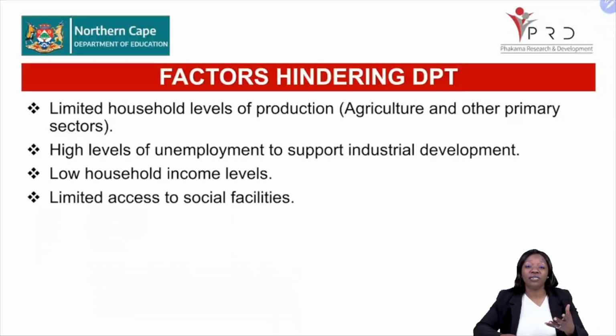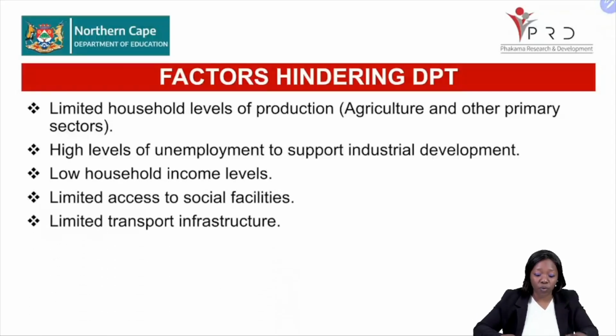Even if we said the Durban Pinetown is known for tourism and leisure, if these people are unemployed, they can never afford to attend these social facilities. Whatever activities are found in this area will not be supported fully because people are not working.